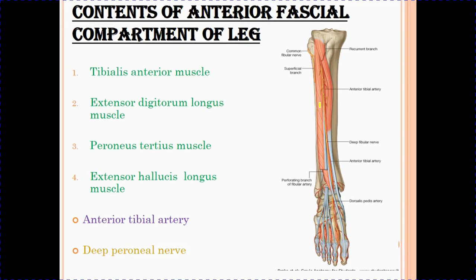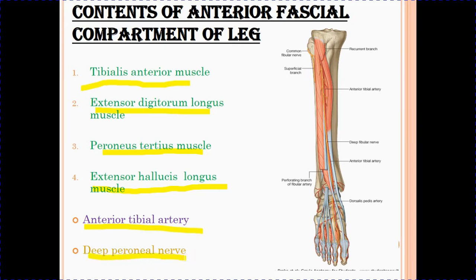We have four muscles in the anterior compartment: Tibialis anterior muscle, Extensor Digitorum Longus muscle, Peroneus Tertius muscle, Extensor Hallucis Longus muscle. The main artery of this compartment is anterior tibial artery, and the main nerve of this compartment is deep peroneal nerve. We are going to discuss all these contents in the next slides one by one.